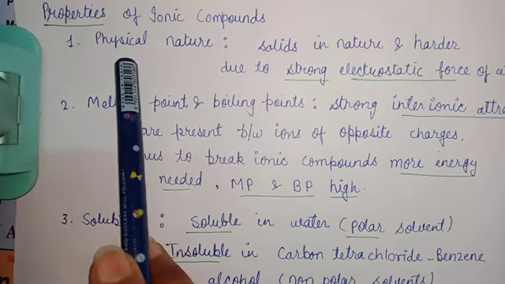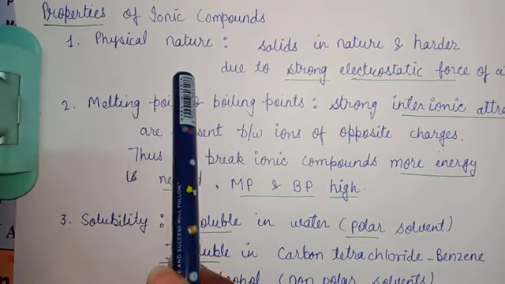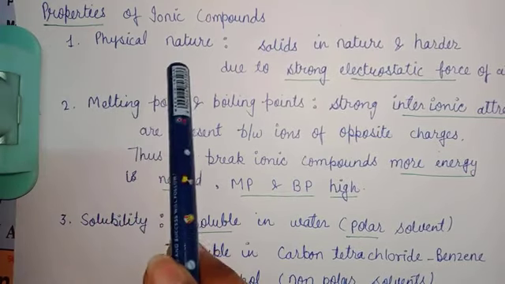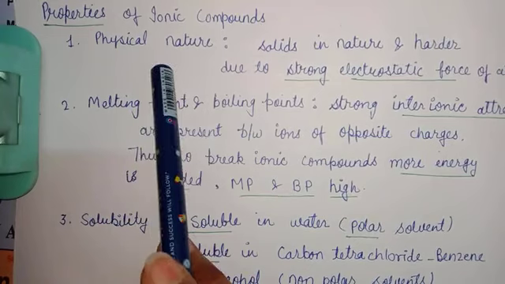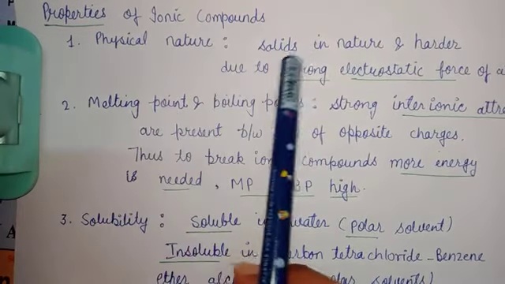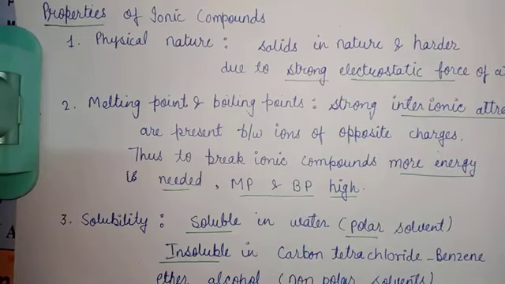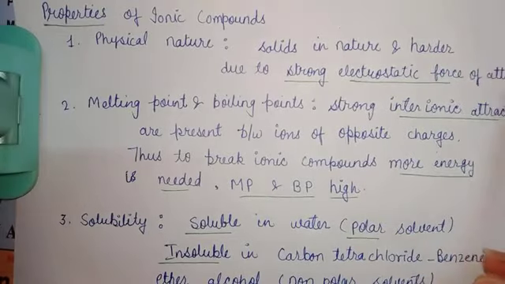Firstly, we will talk about physical nature. Physical nature, the first property. As I've earlier told you, ionic compounds are solid in nature and harder on the outer surface due to strong electrostatic force of attraction.